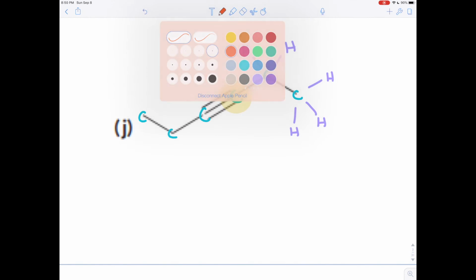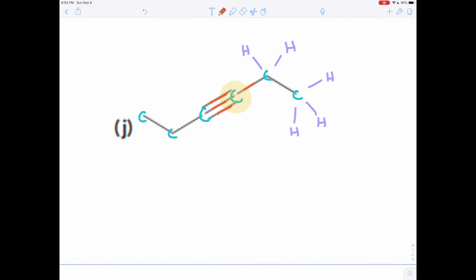This carbon in the triple bond has 1, 2, 3, 4 bonds drawn around it. That means it doesn't need any more bonds, so it doesn't have any bonds to hydrogens. No hydrogens are bonded to that carbon. Same with that carbon there. The other carbon in the triple bond has 1, 2, 3, 4 bonds drawn to it, and so it doesn't need any more bonds. It wouldn't have any hydrogens bonded to it.